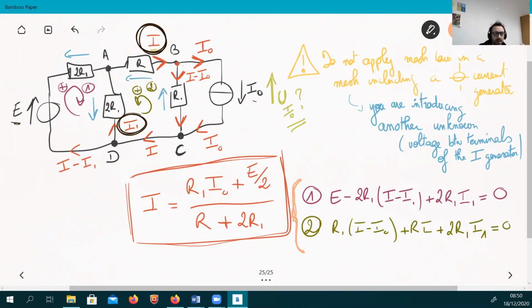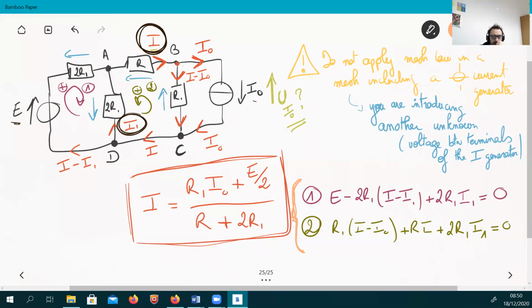Do you have the concept of this, or do you have questions regarding the sign, the application of the mesh law, anything? Were you able to find the result at the end? No. Is it because of a math computation problem?